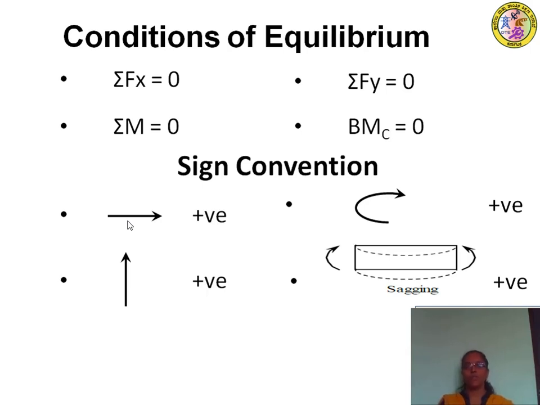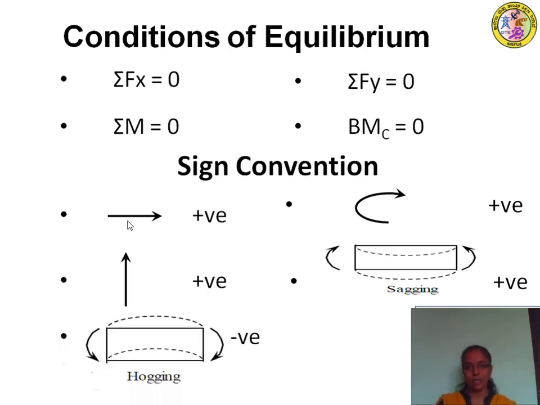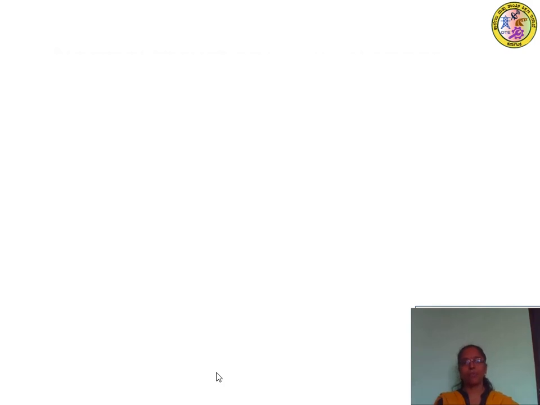The moments which cause the beam to sag in the downward direction are taken as positive, and hogging bending moment will be taken as negative. If you have a moment in this fashion, so that the beam tends to hog in the upward direction like this, then those moments will be taken as negative. That is the sign convention followed in the analysis of arches.